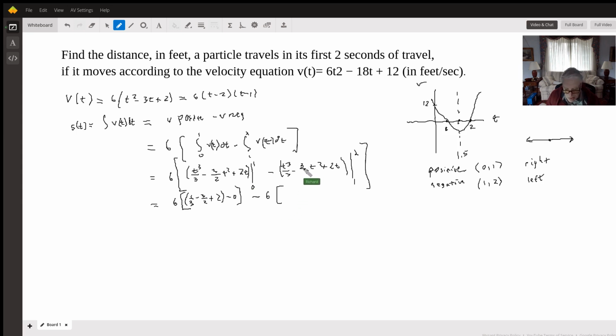So this is going to be 8/3 minus 6 plus 4. That's evaluated at 2, minus what's evaluated at 1, which would be 1/3 minus 3 halves plus 2.